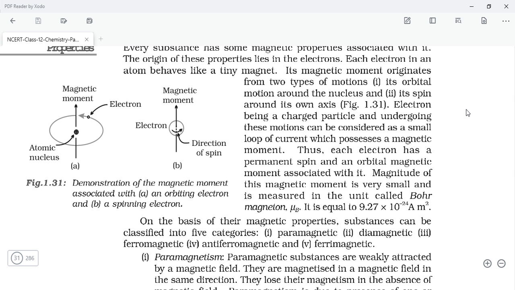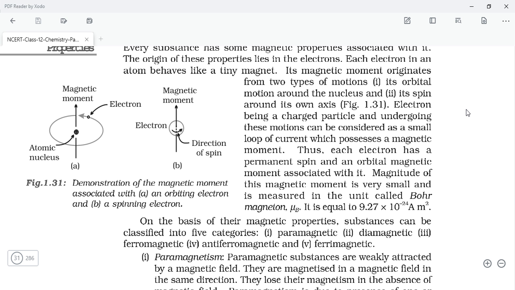The magnitude of this magnetic moment is very small and is measured in the unit called Bohr magneton, mu B. It is equal to 9.27 times 10 to the power minus 24 ampere meter square. On the basis of their magnetic properties, substances can be classified into five categories: first, paramagnetic; second, diamagnetic; third, ferromagnetic; fourth, antiferromagnetic; and fifth, ferrimagnetic.